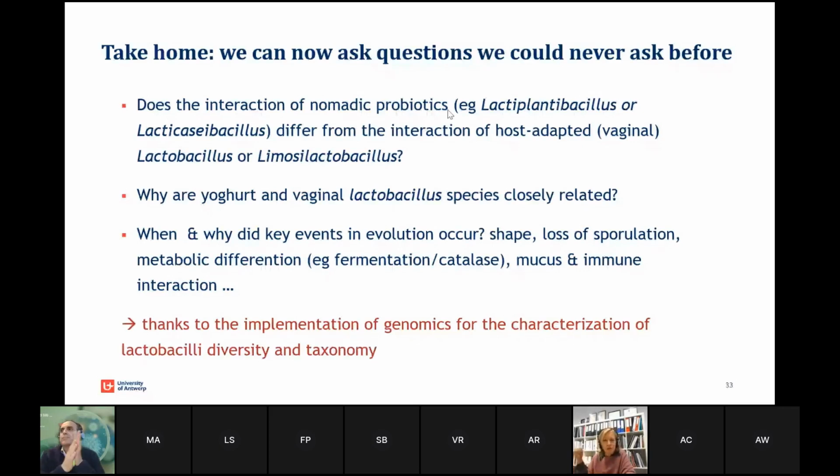Why are lactobacilli rod-shaped? Why have they lost their sporulation genes? Why did they start to focus on lactic acid fermentation? Why are so many lactobacilli anti-inflammatory? How do they interact with the immune system? And we really use the genomic information for this.